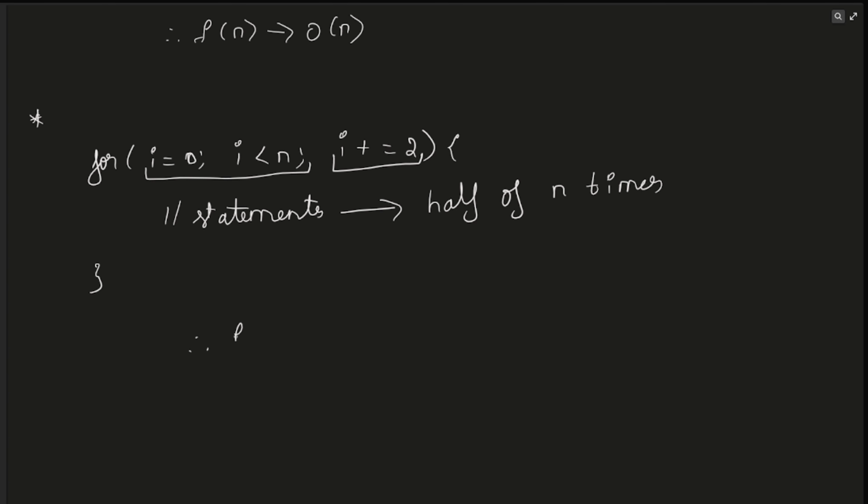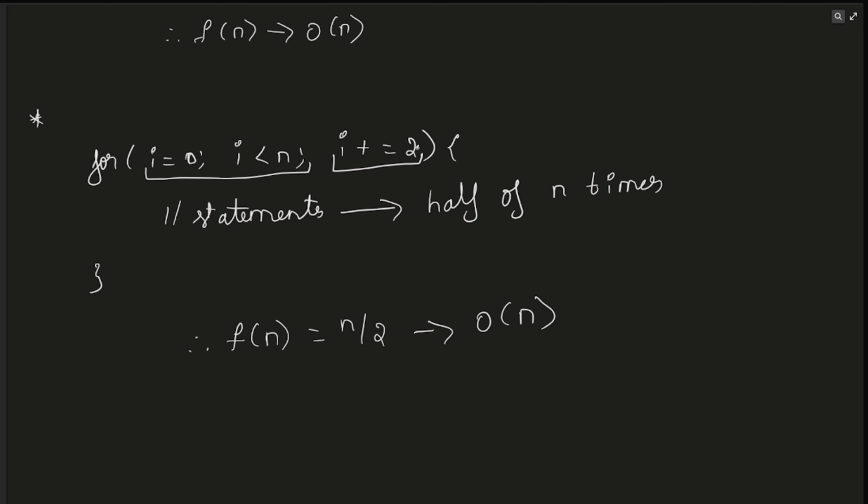Therefore, the time complexity of the above for loop is n by 2, but after taking the degree, it becomes order of n. Even if the for loop executes half of n times, the order of it will be n, right? So the time complexity will be order of n.